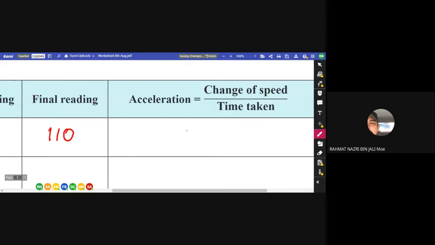So acceleration is equal to change of speed, which is final reading minus initial reading, and then divided by time, which is 20 seconds just now.